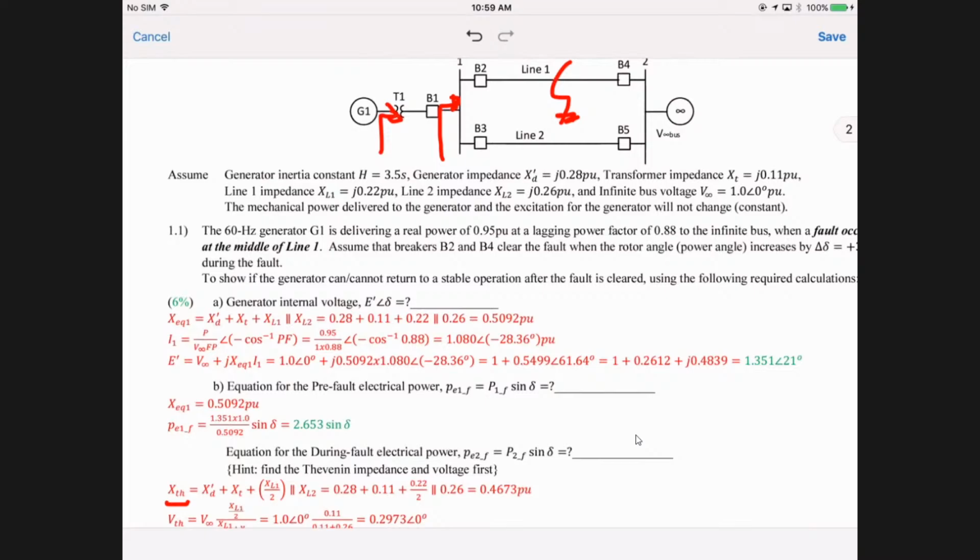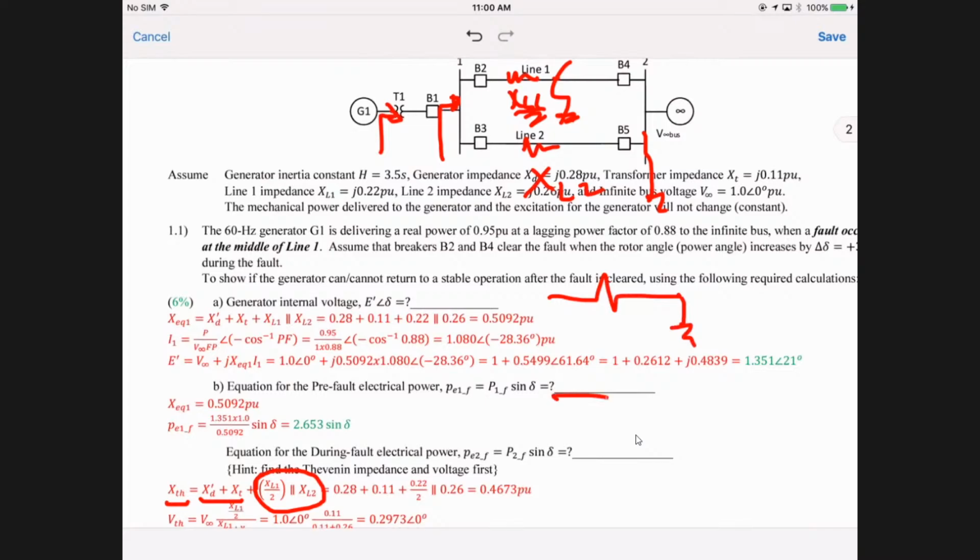So the focus is here. You have half of the impedance, XL1 divided by 2, and you have the impedance XL2. Okay, find the impedance. You ground here, you ground here.